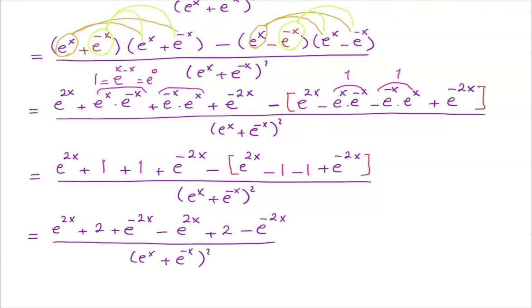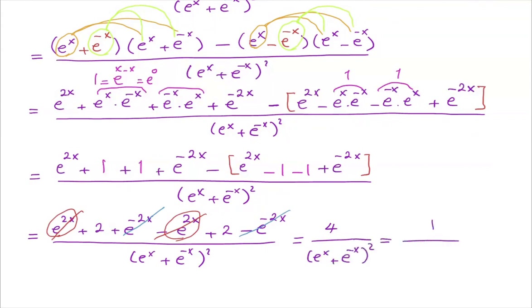But please pay attention here. e to 2x and negative e to 2x are opposites of each other, so they cancel out. e to the power negative 2x and negative e to the power negative 2x also cancel out. So you're left with 4 divided by e to the x plus e to the power minus x, to the second power, which can be written as 1 divided by e to the x plus e to the power minus x, to the second power, over 4.